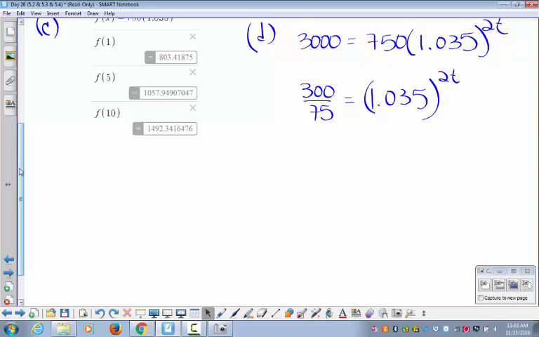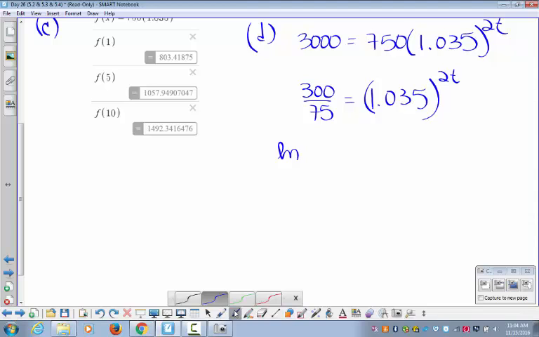Log. Yep, take the natural log of both sides. Here's where I was saying earlier, you could take a common log, you could take log base whatever you want. But the typical procedure is to use natural log because once you get into calculus, that function's so common and so easy to do calculus with.